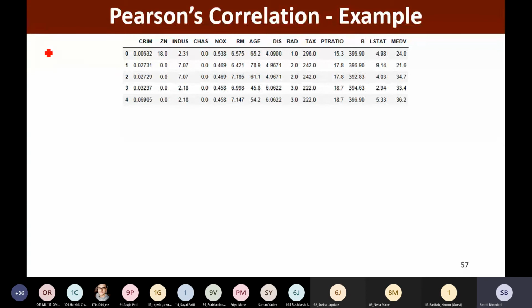Now, whatever you are looking at is the Boston data set, a few examples from it. You may download this Boston data set if you want, and practically compute it. We are showing here only 5 instances from this data set.